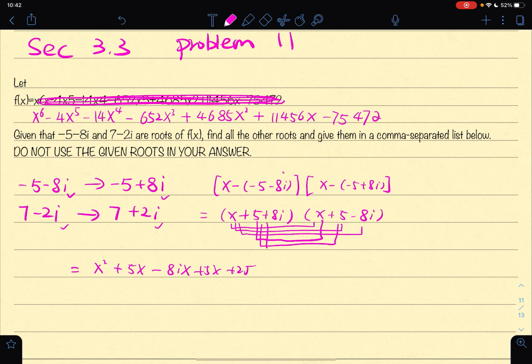The other piece, if you have x minus 7 minus 2i times x minus 7 plus 2i, is equivalent to x minus 7 plus 2i times x minus 7 minus 2i. According to my previous discussion, if you simplify this out, it's x squared minus 14x plus 49 plus 4, which is x squared minus 14x plus 53.